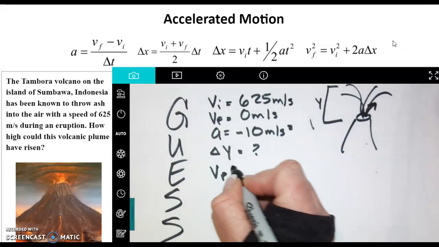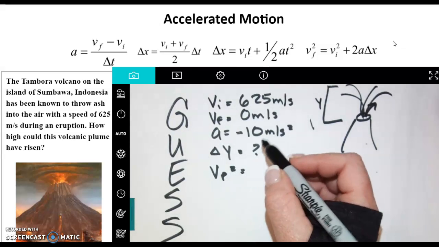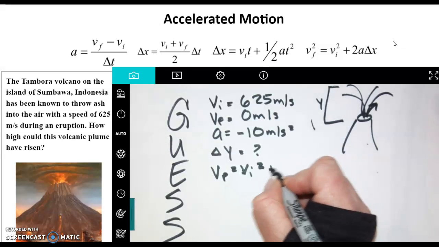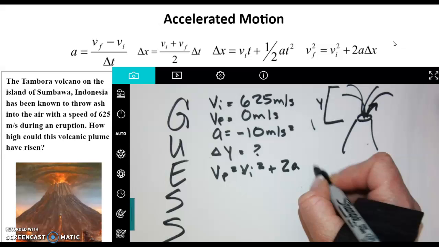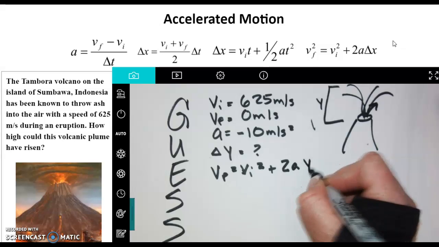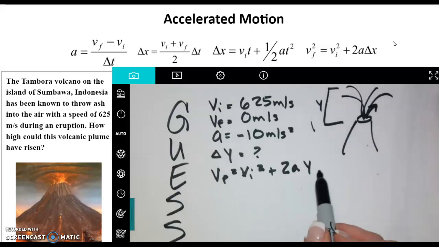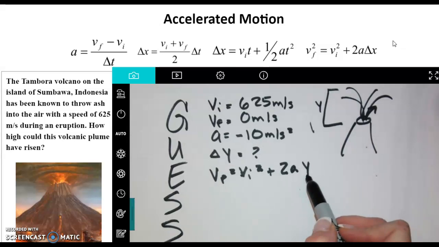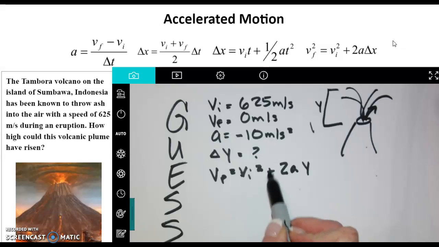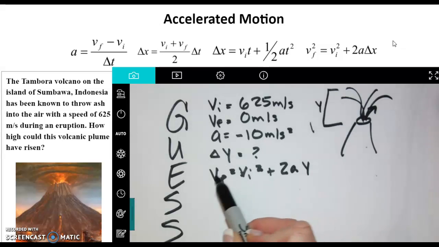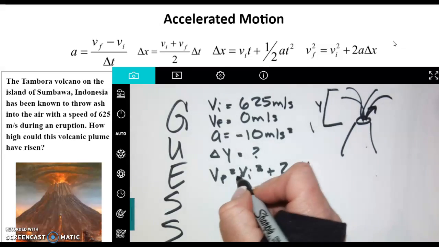Final velocity squared is equal to our initial velocity squared plus 2 times our acceleration multiplied by that change in y displacement. We need to rearrange this equation to solve for y. Notice that vi squared, our initial velocity squared, is being added to 2ay. First thing we want to do is subtract this part over.